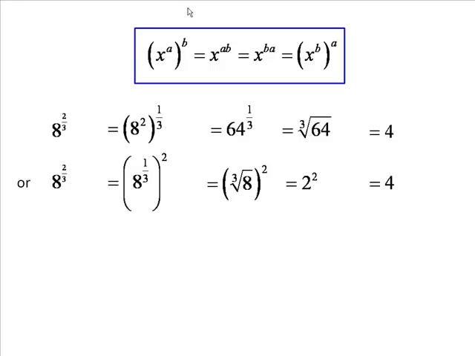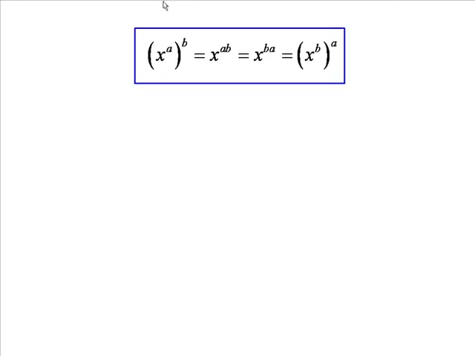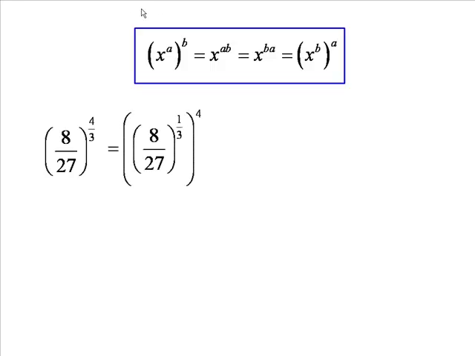Now, it's often this second way which is more useful because the numbers are slightly smaller and more friendly to use. Let's have a look. There's the rule again. Now, here's a fraction to the power of 4/3. I'm going to split it so that the 1/3 is inside and the 4 is outside.